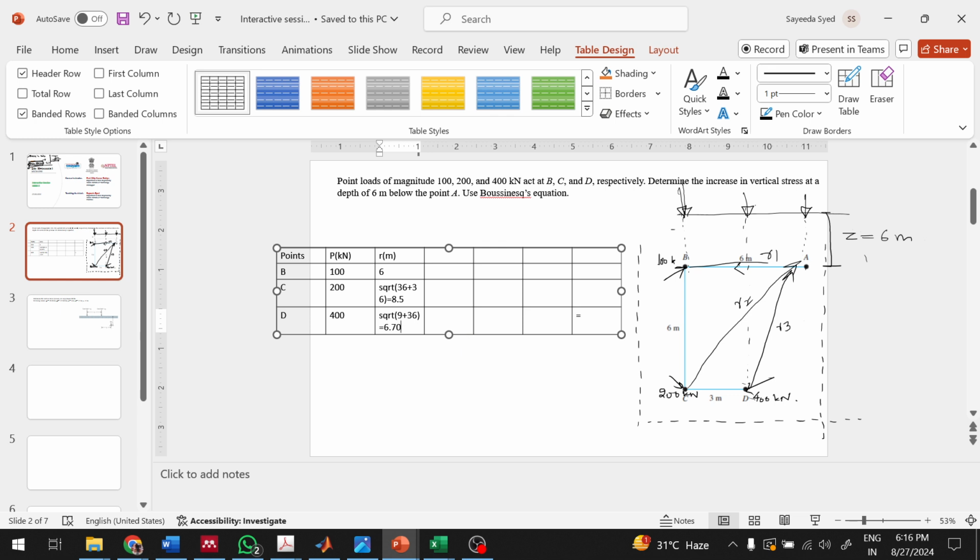Let's write with some significant numbers. This was 4.8. And now we know the Z for all the cases, for all the points, it is 6 meters.